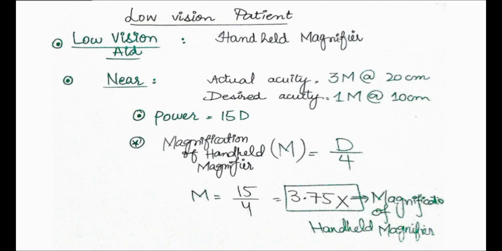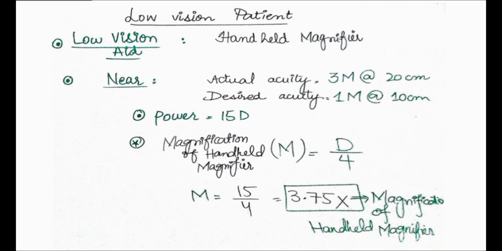We can put this into the formula, which is actually what we were doing all this for. We wanted the magnification of the handheld magnifier, right? So we put the value M equals D by 4. D was the power, that is 15 diopters divided by 4, which is the formula of magnification. You get 3.75x.